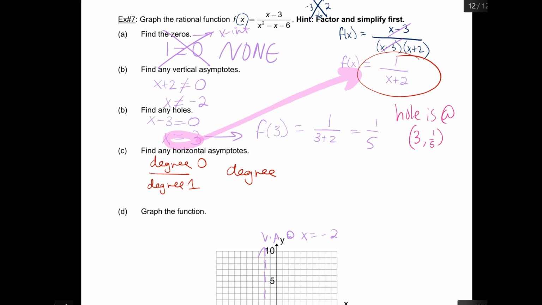The degree of the denominator is bigger, so I'm going to have a horizontal asymptote at y equals 0. Whenever the degree on the bottom is bigger, the horizontal asymptote is 0.